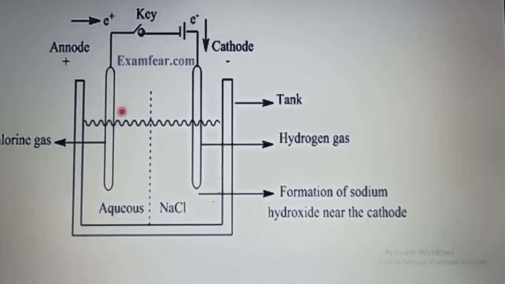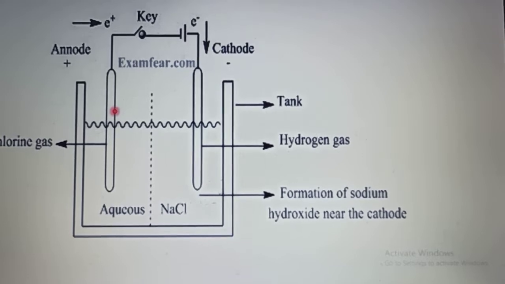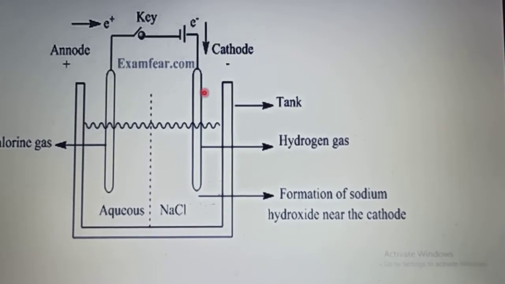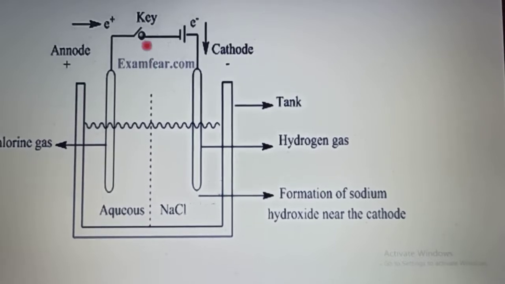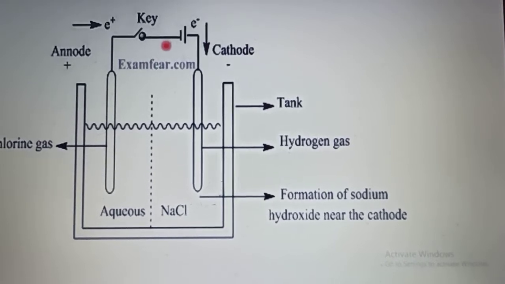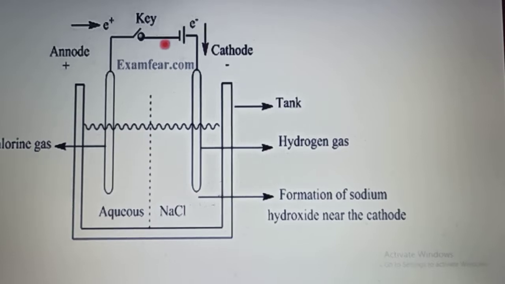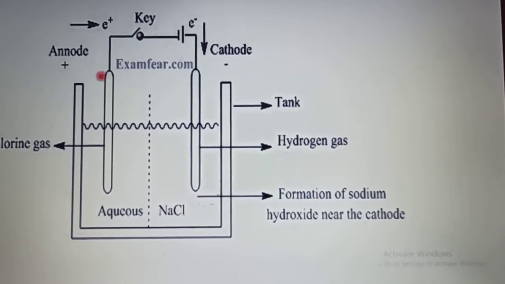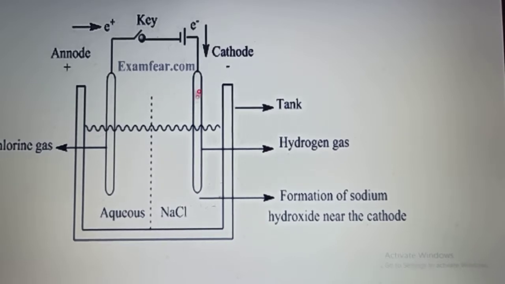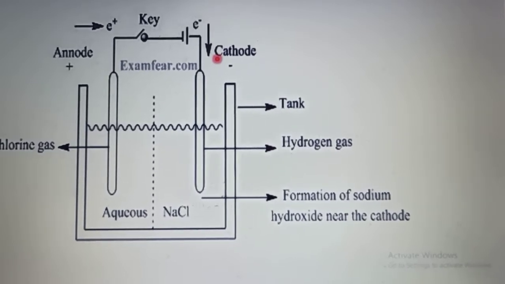One electrode behaves as a positive electrode, one behaves as a negative, and these two electrodes are attached to the battery, right? And the positive electrode is known as the anode, whereas the negative electrode is known as the cathode.